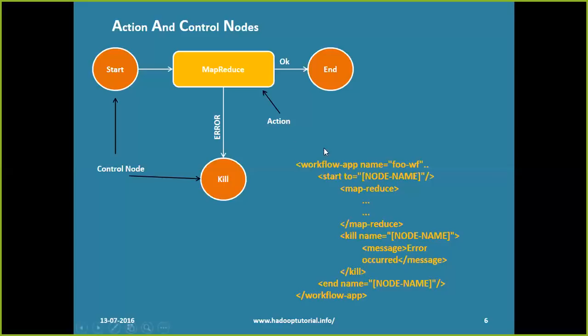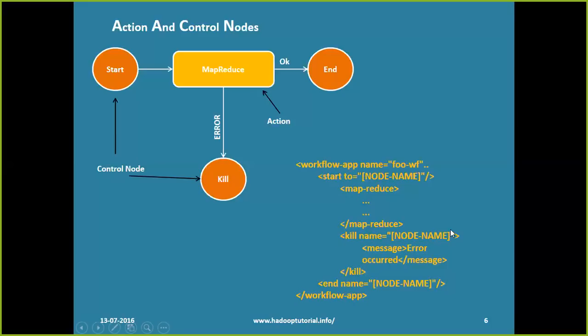So we can specify the control nodes this way. Start to equal to your action node name, followed by a sequence of action nodes, and then at the end you will have two control nodes.